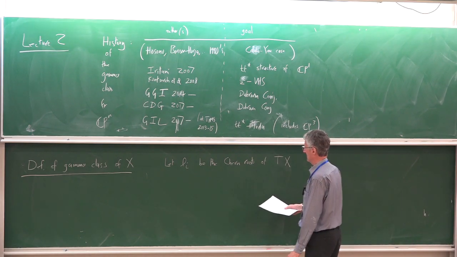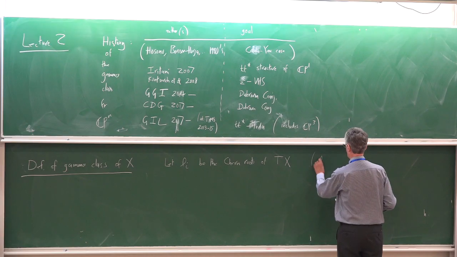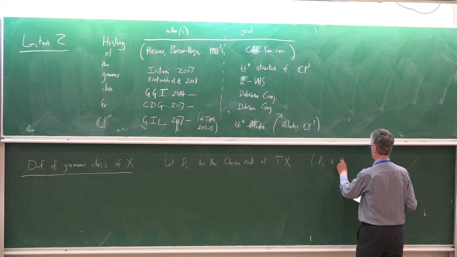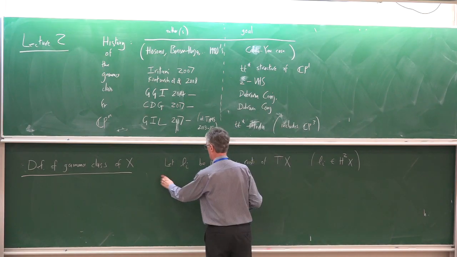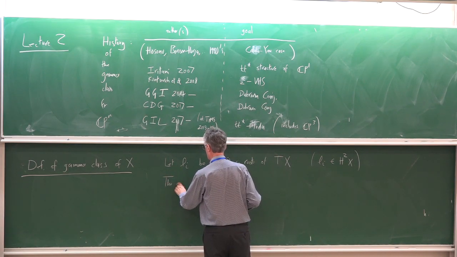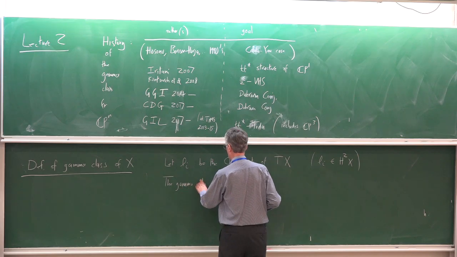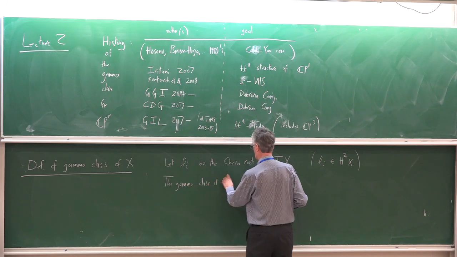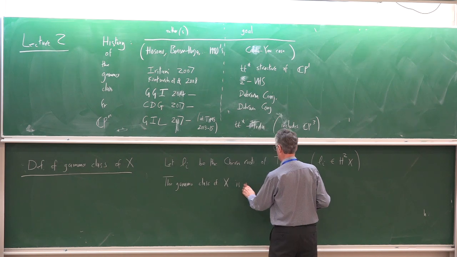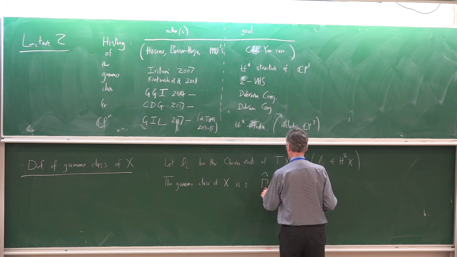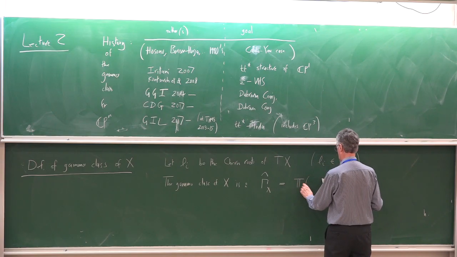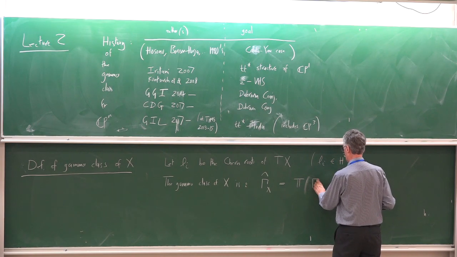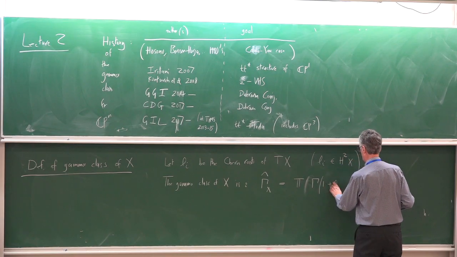So we have some two-dimensional cohomology classes called Li. Then the gamma class of X, they call it gamma hat X, is simply the product of gamma of 1 plus Li.